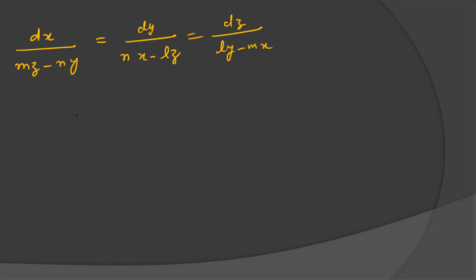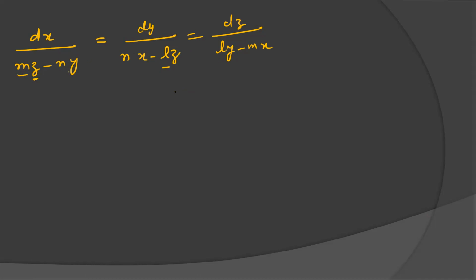Now see, you cannot separate the variables, and you cannot cancel out either. So we will try to make the denominator 0. Here z is with m and here z is with l, so if you multiply l here and m here and add, you will get 0. Similarly with y and n.